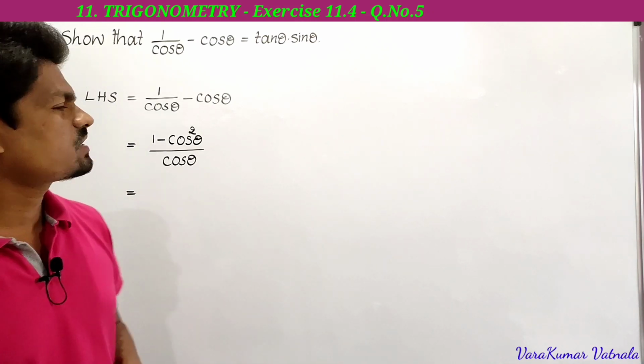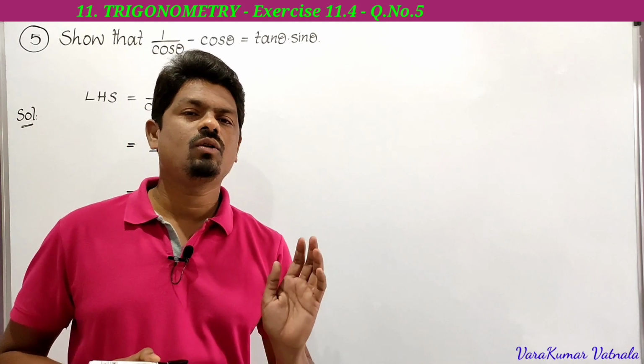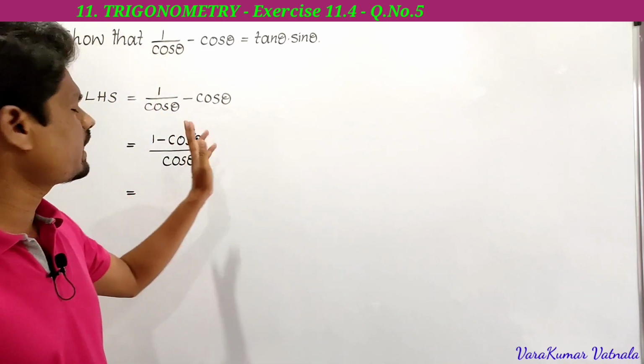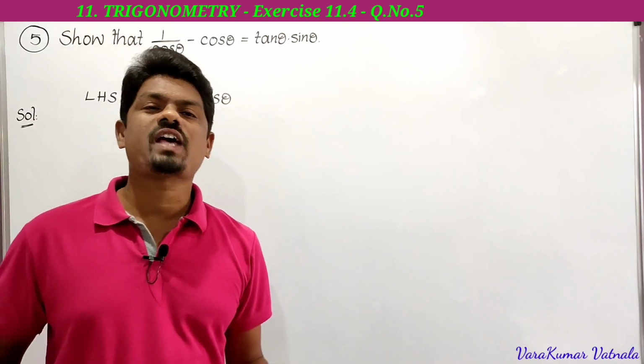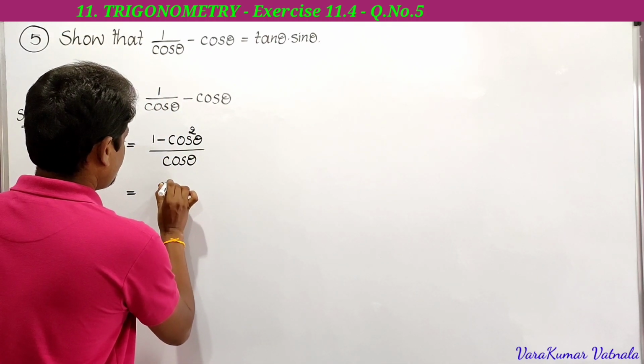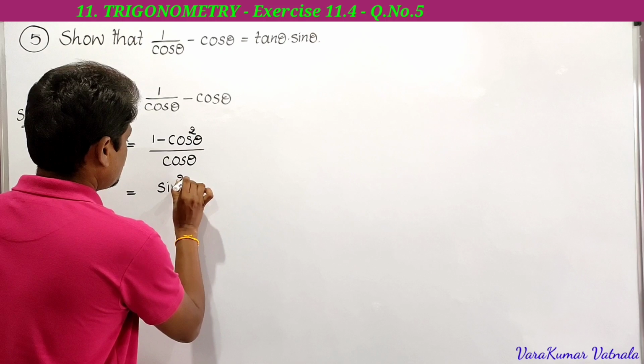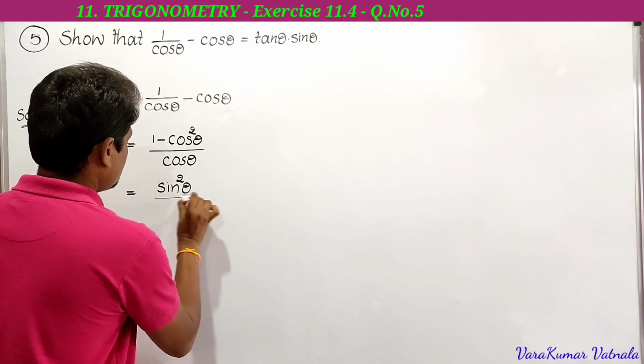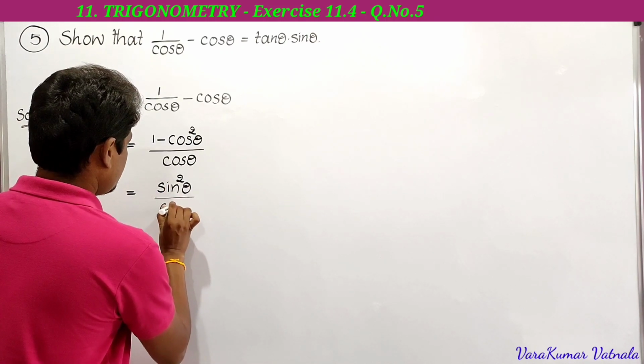So using the first trigonometric identity, we have 1 minus cos square theta equal to sin square theta. So here, instead of 1 minus cos square theta, we can write sin square theta divided by cos theta, write as usual.